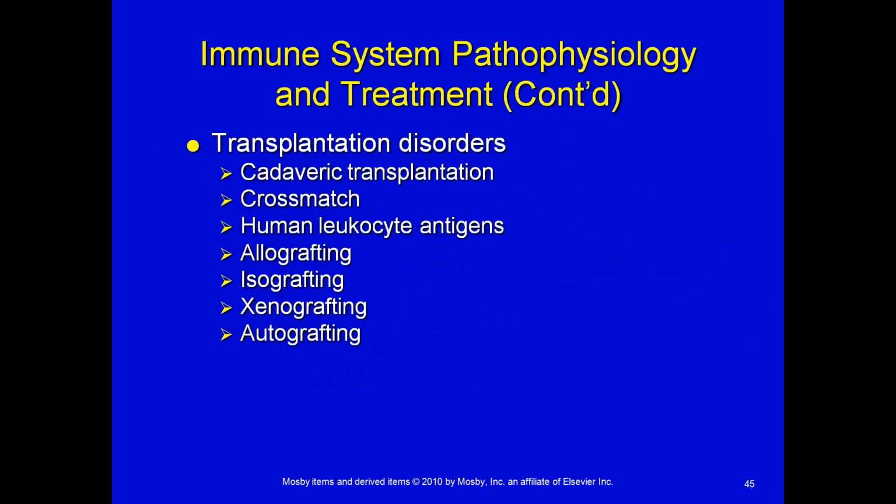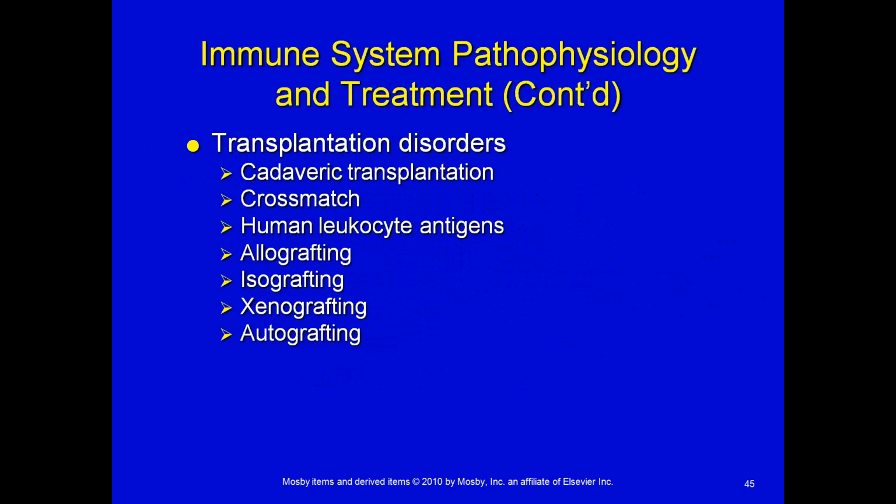There are similar immune responses in the tissue that's being transplanted as well. So the transplant disorders include human leukocyte antigens, allografting, isografting, xenografting, and autografting. And you can read more about those in your text.